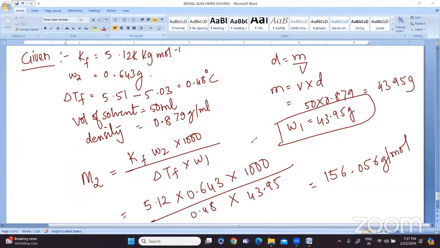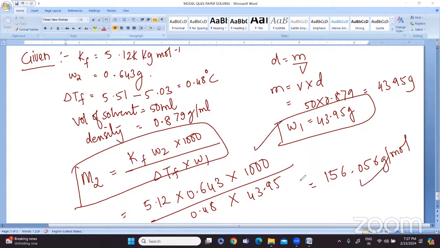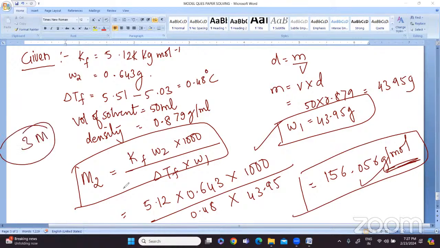So here, for the correct formula, correct substitution and correct answer with the proper unit, you will get 3 marks. Is it correct? Yes, are you getting the same?